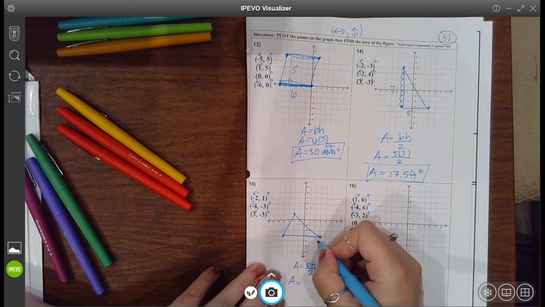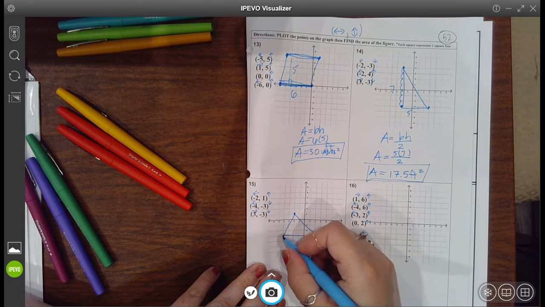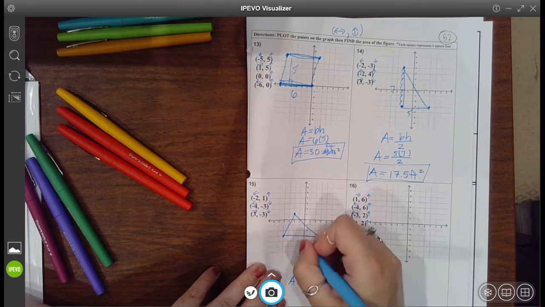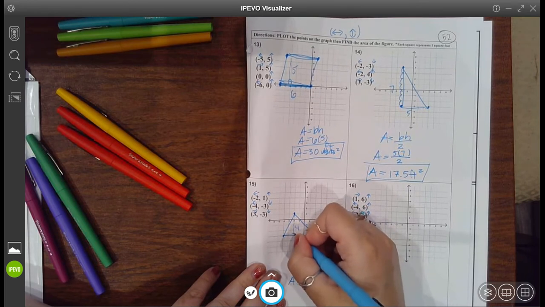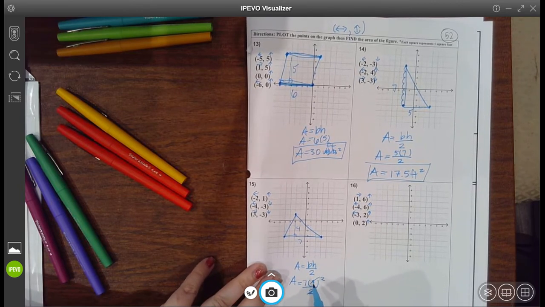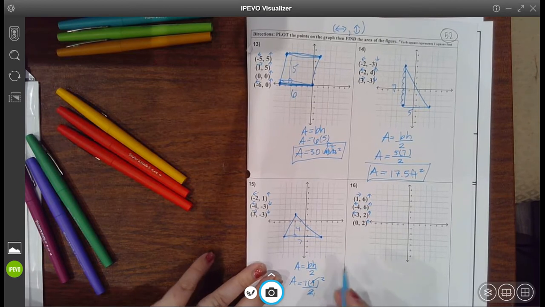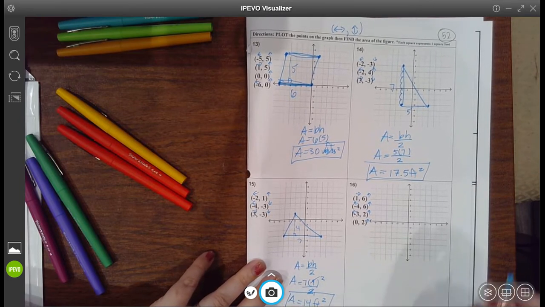Your base length is 1, 2, 3, 4, 5, 6, 7. And your height is 1, 2, 3, 4. All over 2. So those can cancel. And now instead of 7 times 4 divided by 2, I reduced those, the 2 and the 4, and got 7 times 2, which is 14 feet squared.